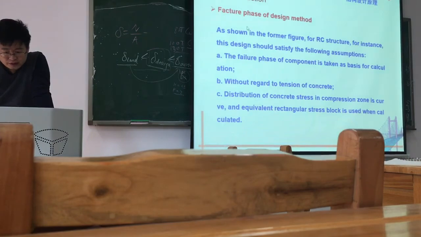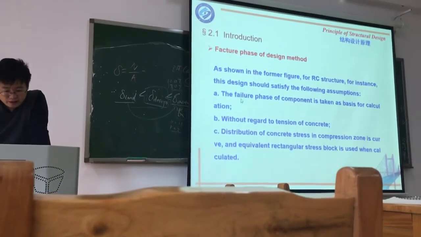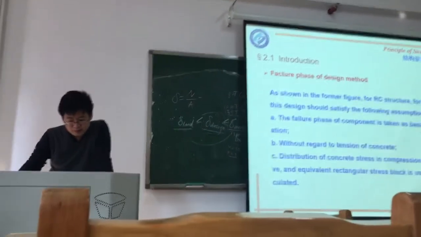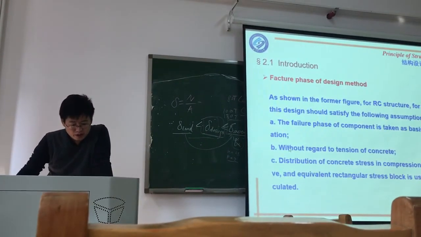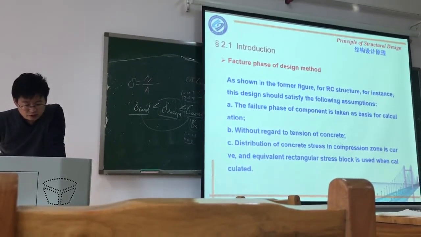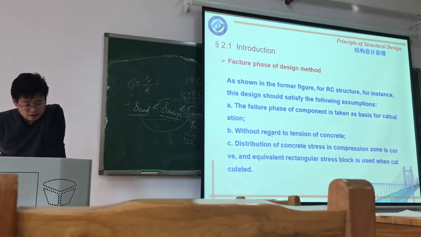For this second method, the assumption is that the failure phase of the component is taken as the base for the calculation, without regard to the tension of the component, as assumed in the first method.